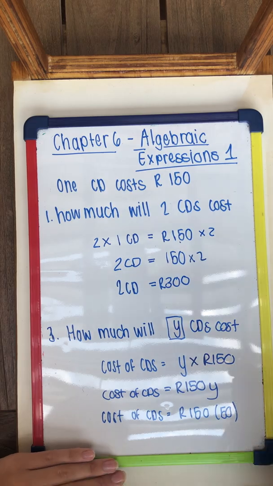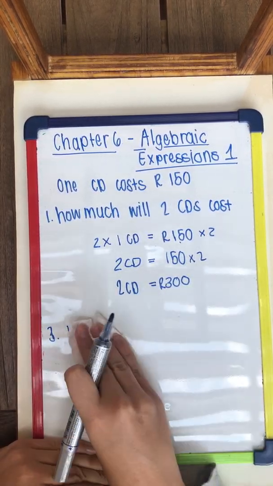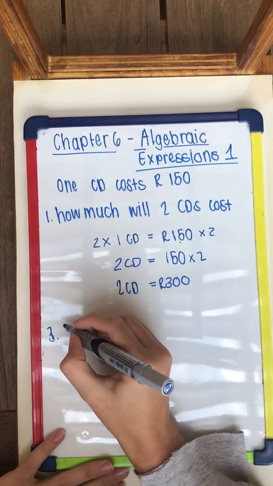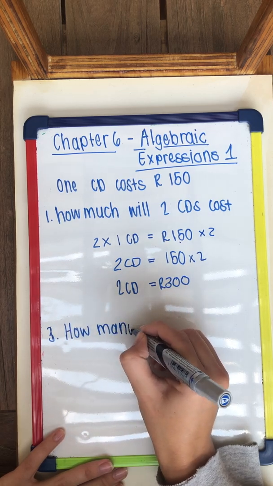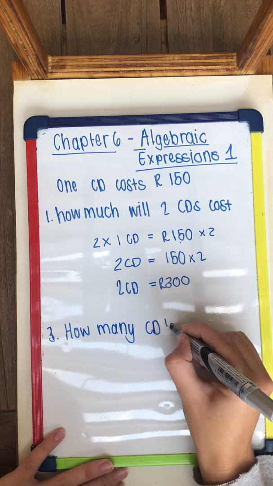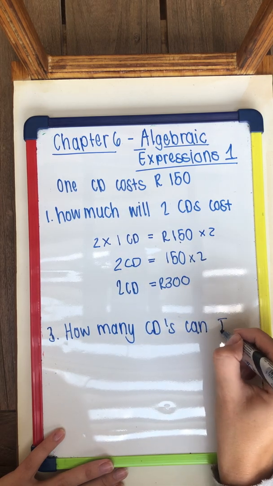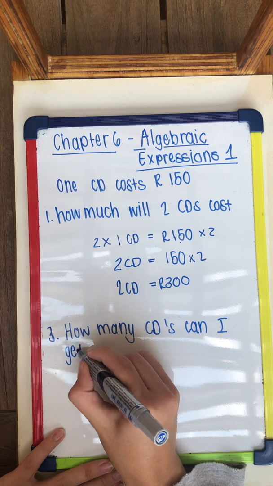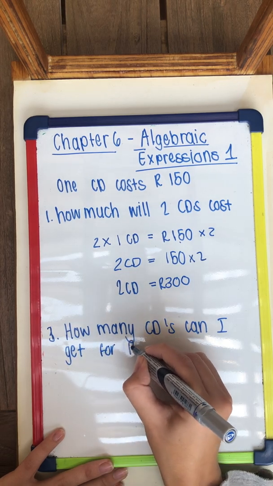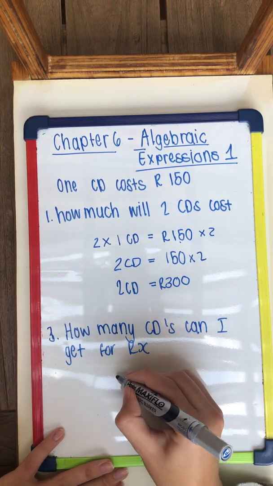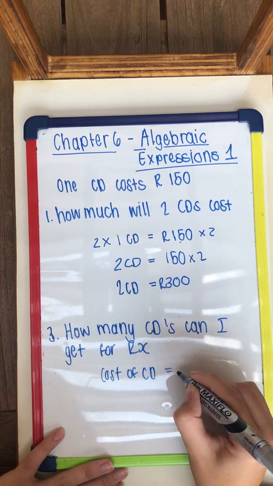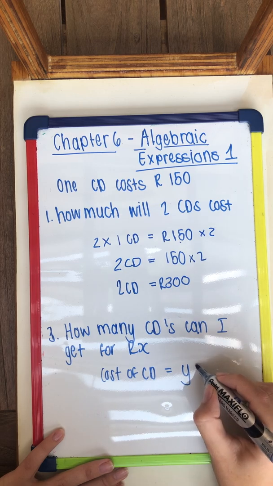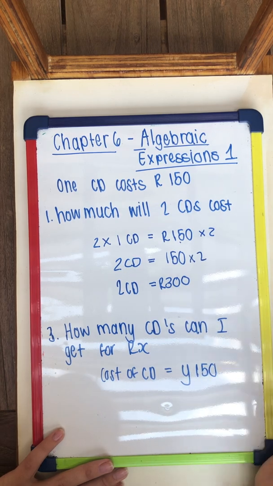Now what if I ask how many CDs can I get for X amount of rands? Now I had my formula, so cost of CDs is equal to y times 150.